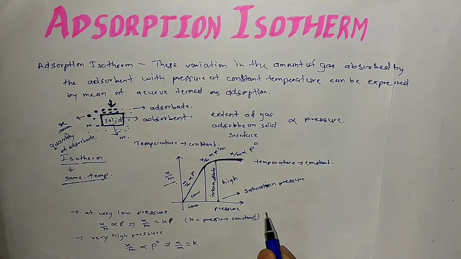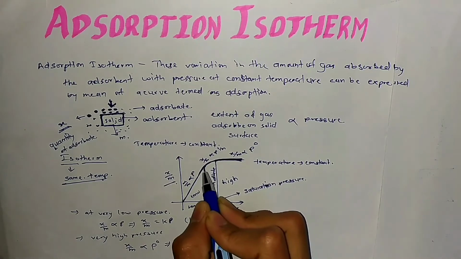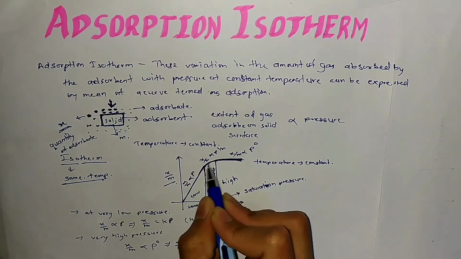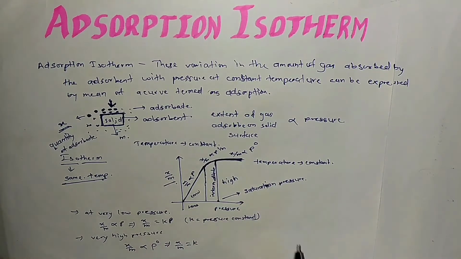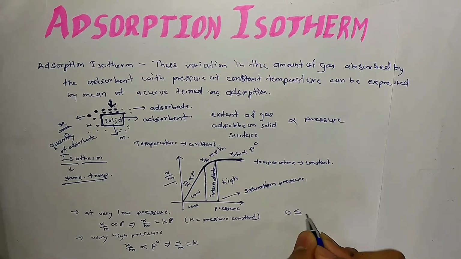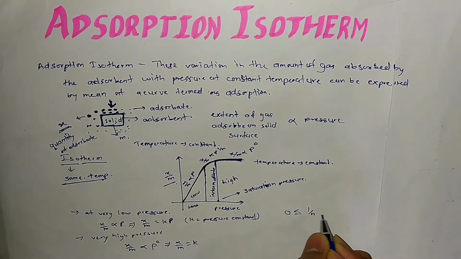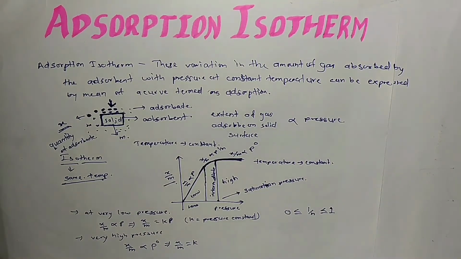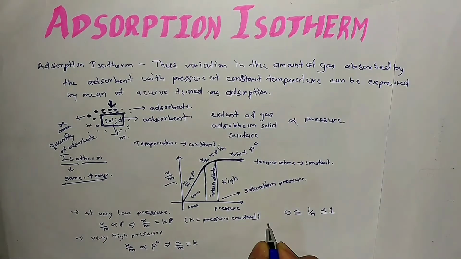At intermediate pressure, we are now talking about this part, the power of p is between 0 and 1.